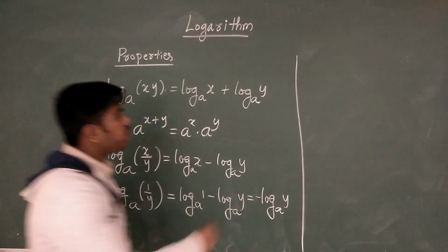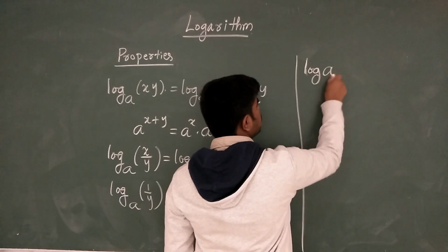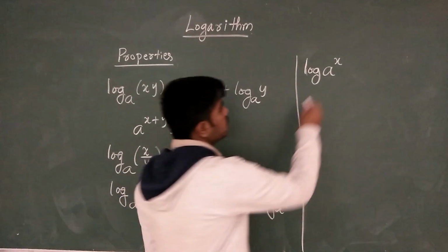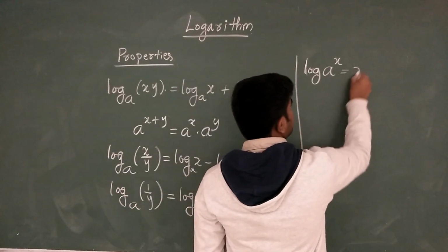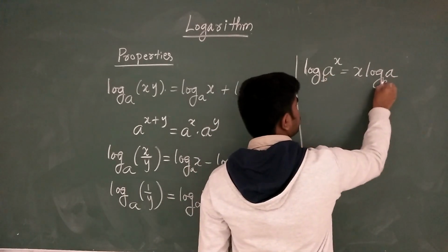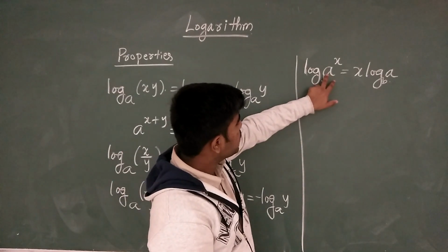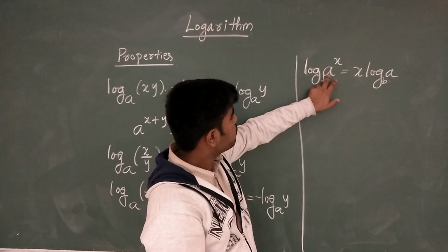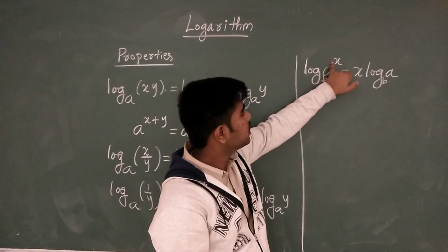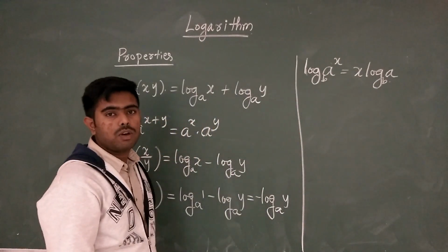Now, if I have log of a raised to x, this is nothing but x into log a, with the base being the same. So raising the variable to the power x is nothing but multiplying the entire log term by x.